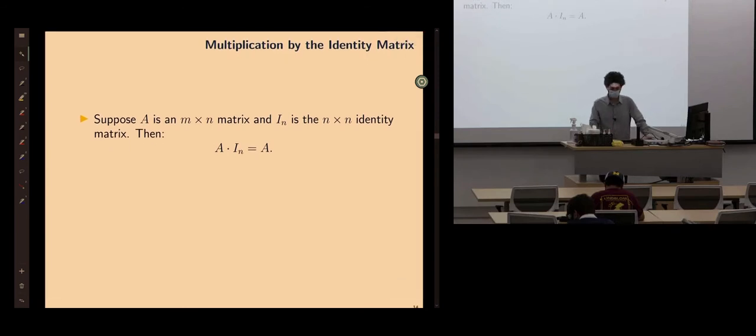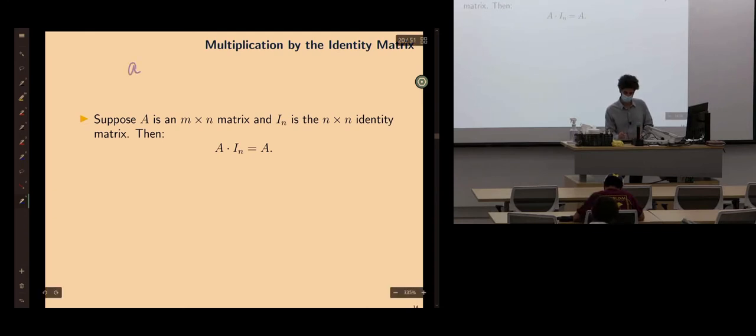Now, what's the role of an identity element? This is a multiplicative identity. You remember when you work with real numbers, the additive identity is actually 0, right?